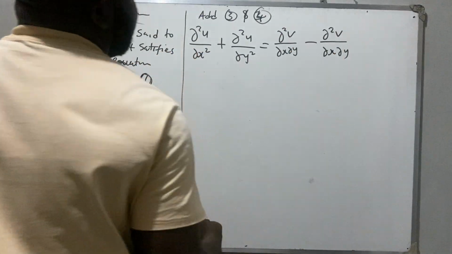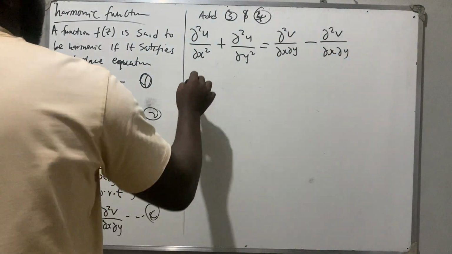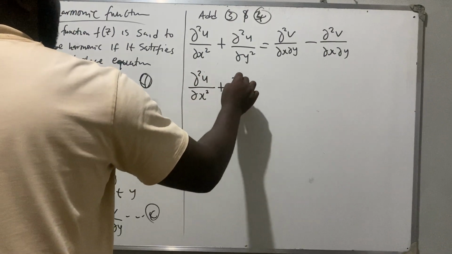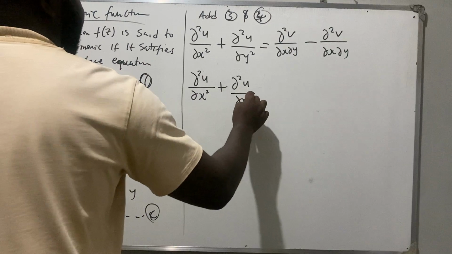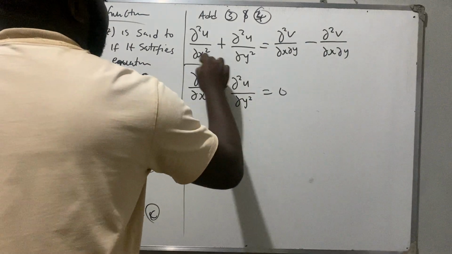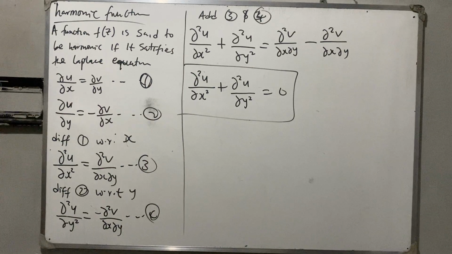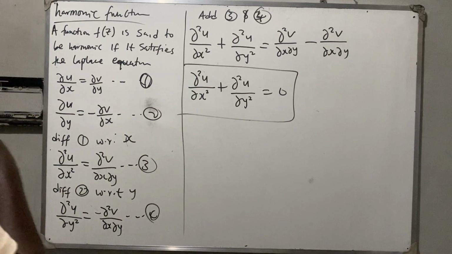See that these two are gone, they are opposite of each other. So I'm left with partial squared u over partial x squared plus partial squared u over partial y squared is equal to 0. This is what we call the Laplace equation. So any function that satisfies the Laplace equation, we say that that function is harmonic.